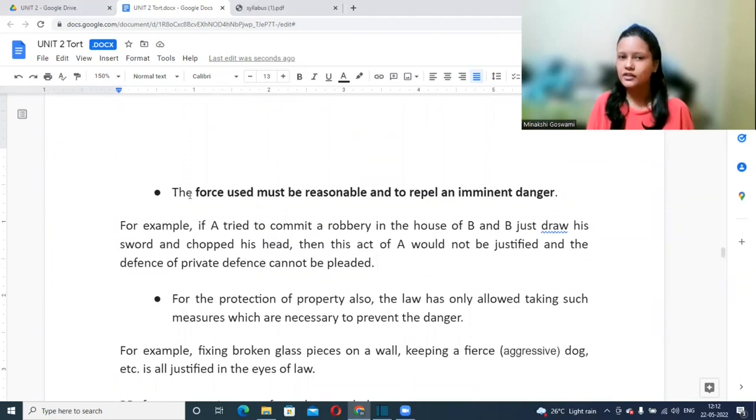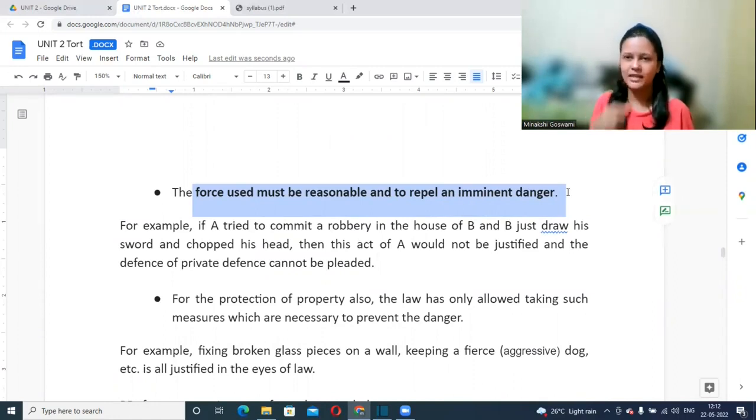But this force must be reasonable and to repel an imminent danger. It should not happen that a person was trying to cause me hurt with his bare hand and I'm taking a pistol and just shooting him. It has to be at the same level. If someone is trying to hit me with his bare hand, maybe I can push him or something like that.